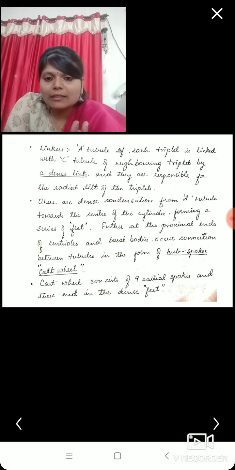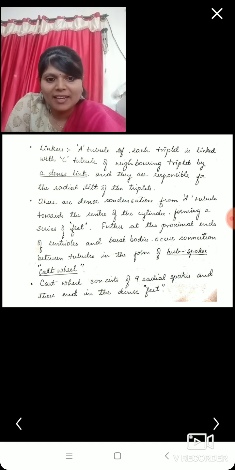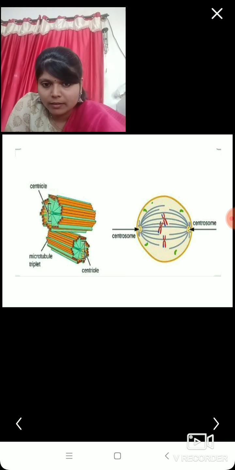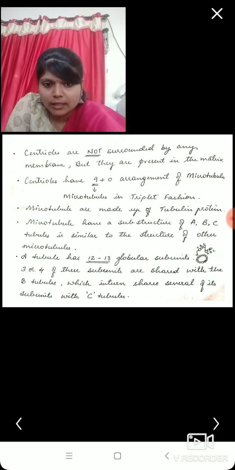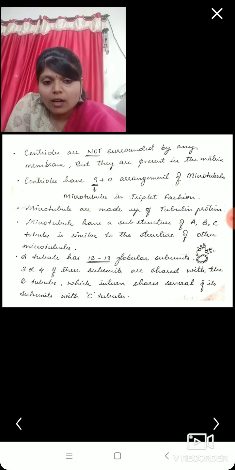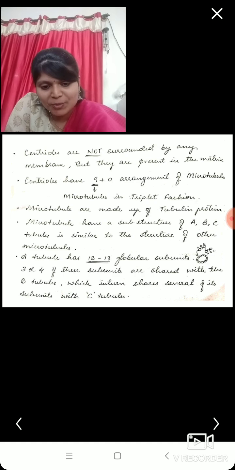Linkers. What are these linkers now? The A tubule of each triplet is linked with the C tubule, as I told you in my earlier small picture.